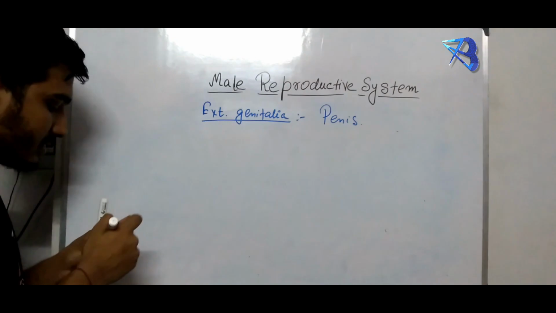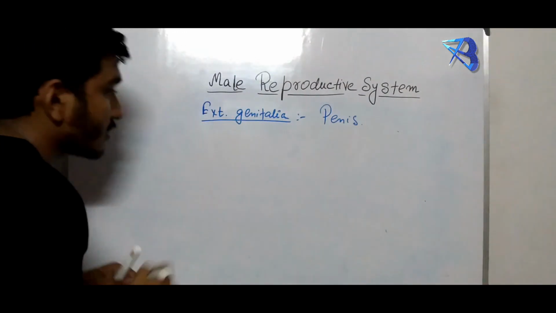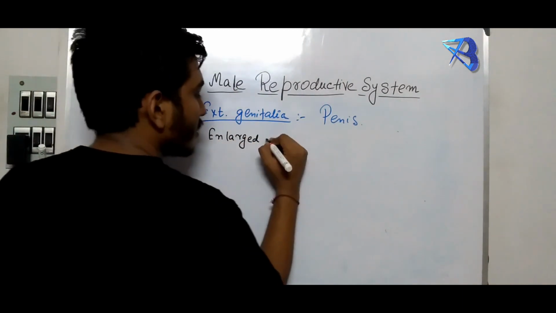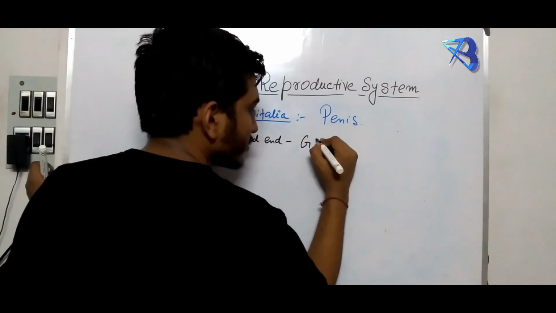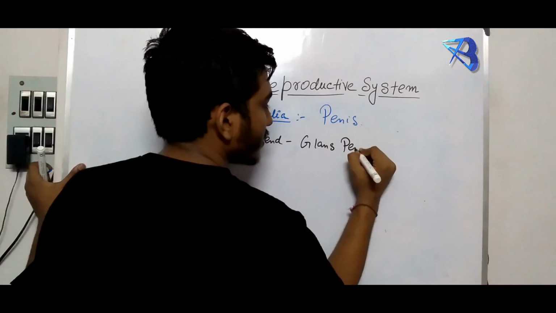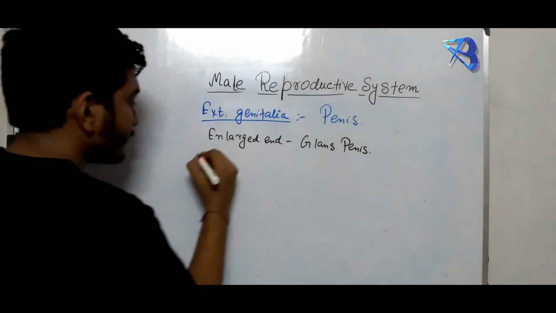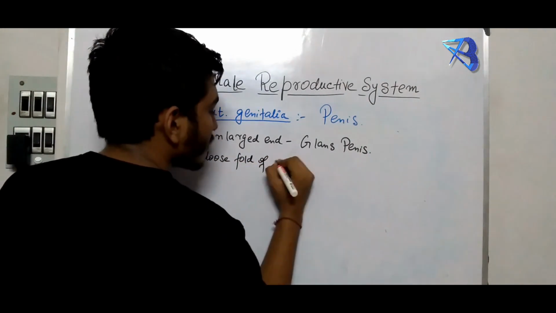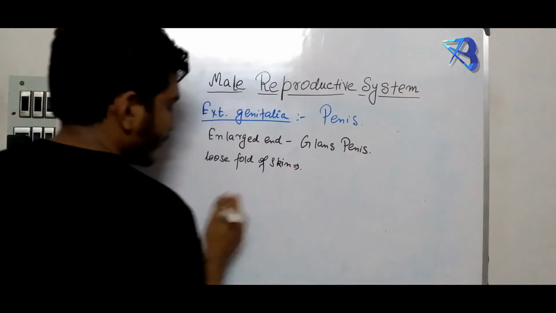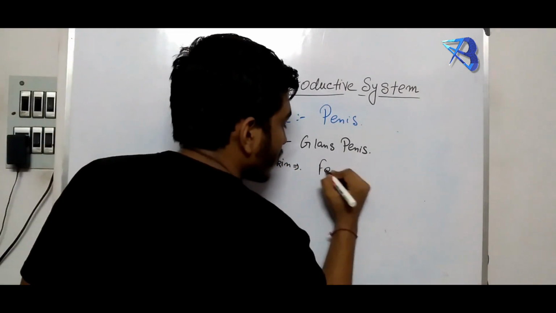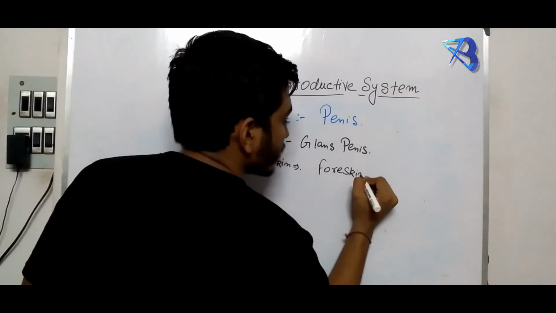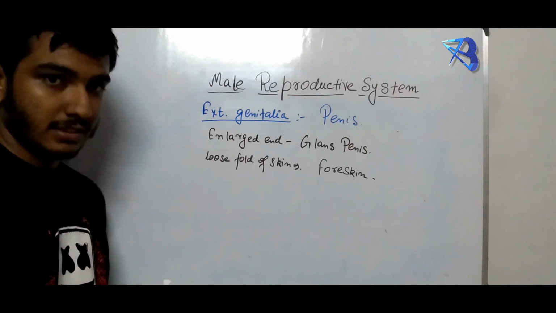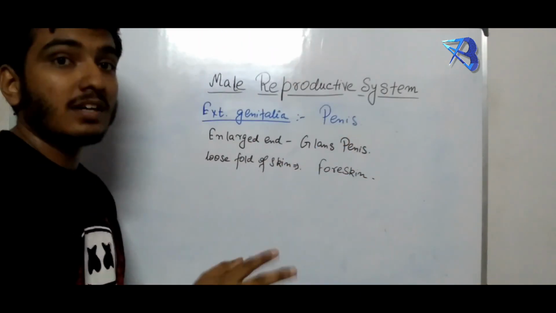The enlarged end of the penis is known as the glans penis, and the loose fold of skin by which it is covered is known as the foreskin. It also has some erectile tissues which help in the process of insemination, the transfer of the male sperm to the female genital tract.